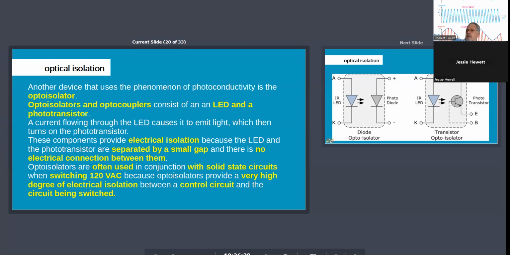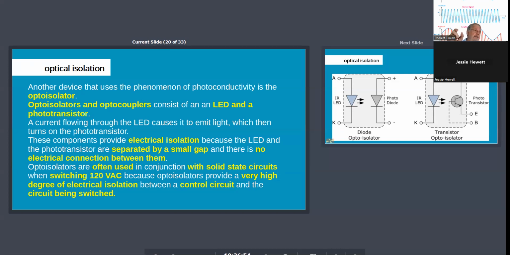Most of the solid state relays, AC type relays, basically have an opto-isolator in them, because you control them with 5 volts or 12 volts, and they'll normally do 120 or 240 volt AC at some very high currents. Isn't it also quicker switching?